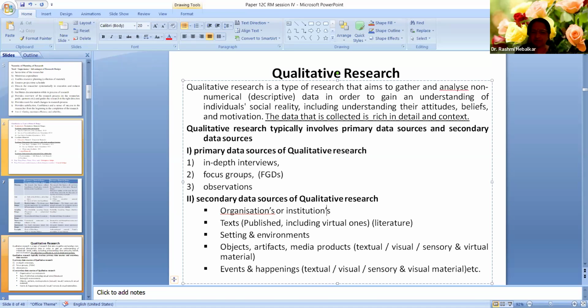It is also qualitative. Many times you need to observe many things, the artifacts and the offices and the departments, layouts and many other things. So settings and environments, objects and artifacts, events and happenings. So all this is called qualitative data.